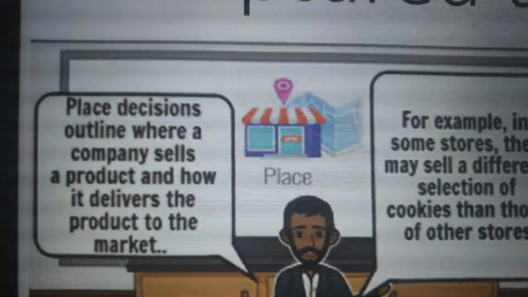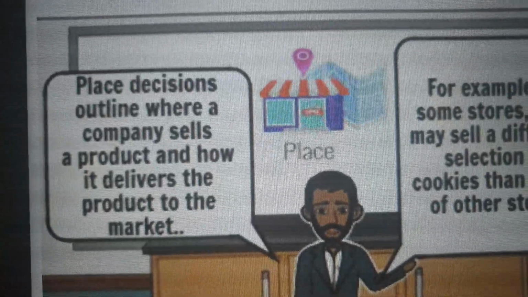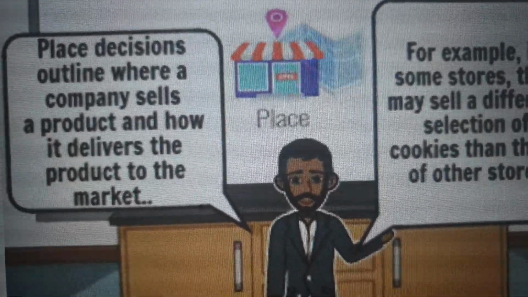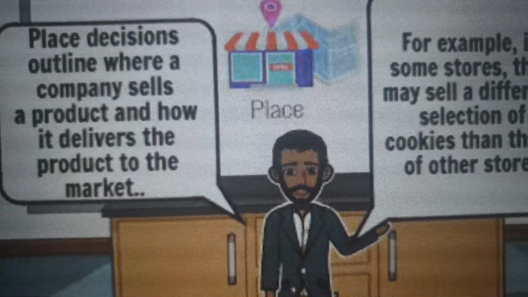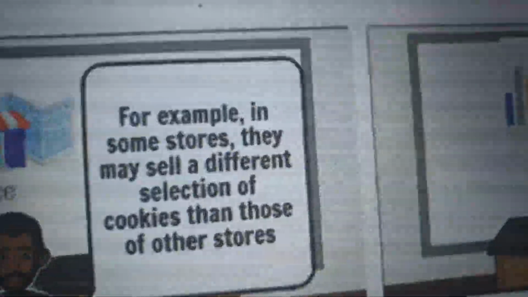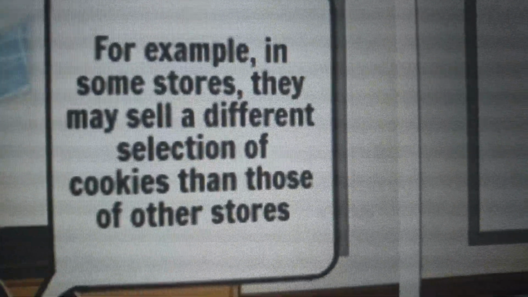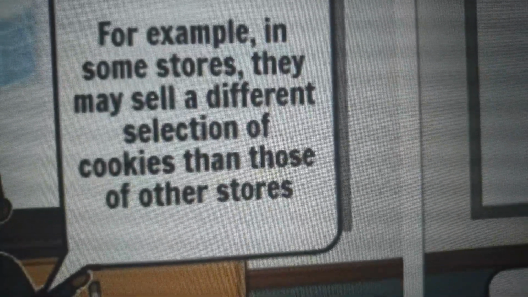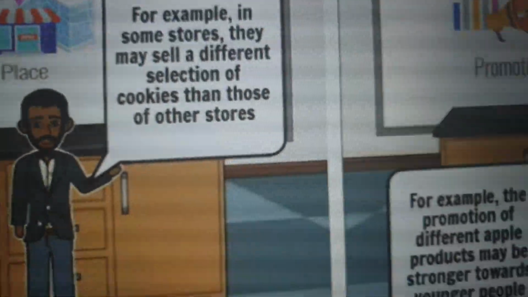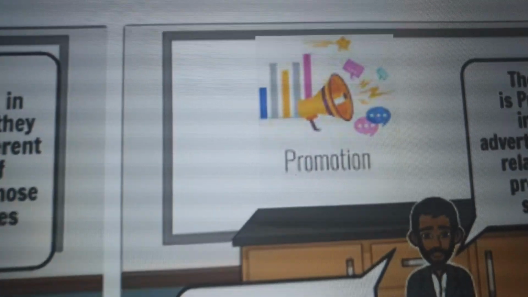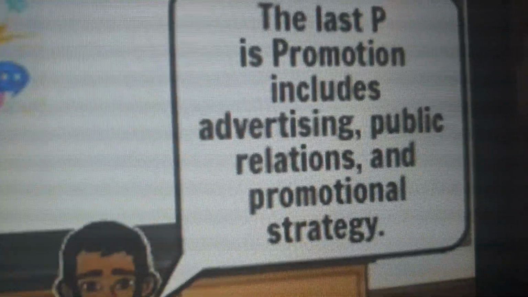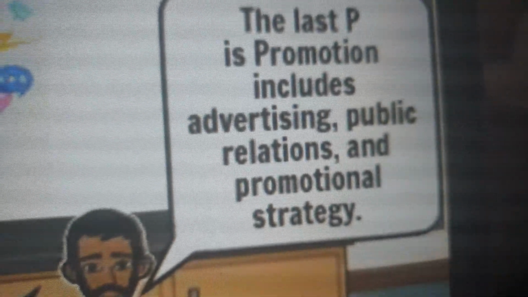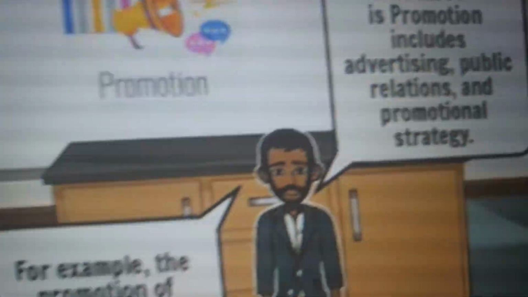And what about place? Place decisions outline where a company sells a product and how it delivers the product to the market. For example, in some stores, they may sell a different selection of cookies than other stores. And finally, the last P, promotion, includes advertising, public relations, and promotional strategy.